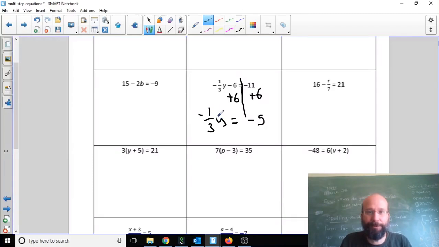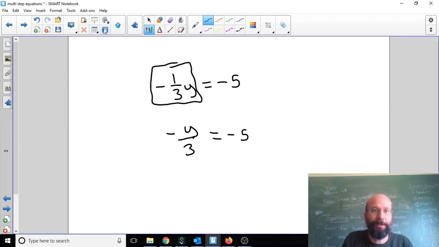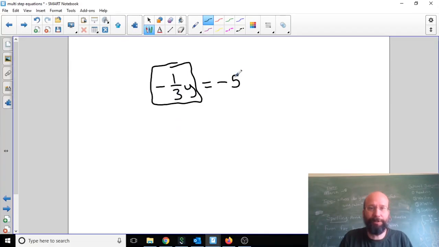This negative 1/3 y, I'm going to write it on a different screen here. So this negative 1/3 y equals negative 5. This is the same thing as negative y over 3 equals negative 5. So you can think of it like this, or you can think of it like this. Either one is right. Let's think of it like this for now: the bottom number of a fraction, and move it over.